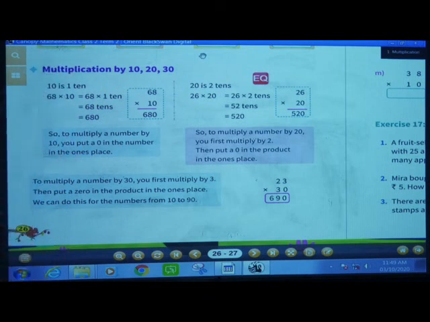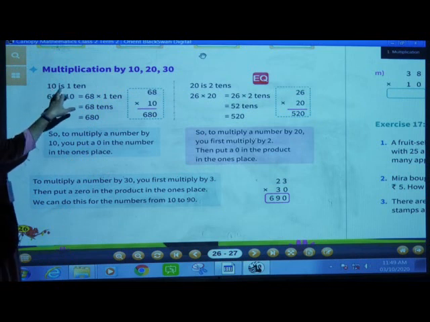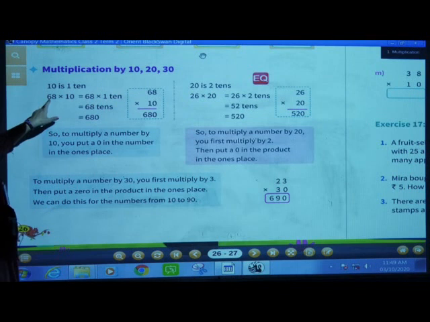See, 10 means 1 ten. Now what is the example? 68 multiplied by 10.